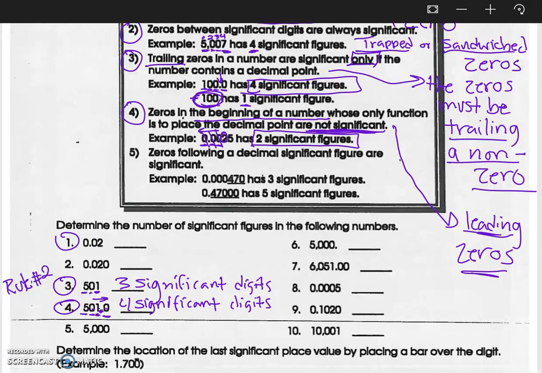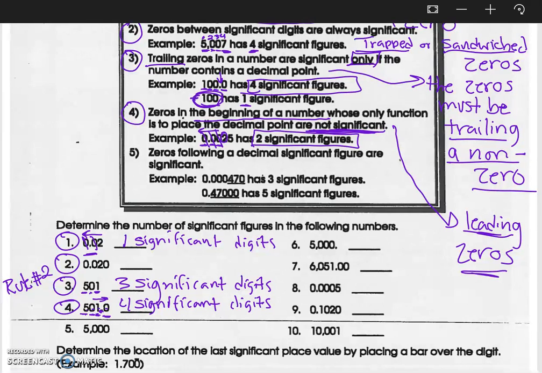So let's look at number 1. These 2 zeros are leading zeros, not significant, which leads that 2 to be 1 significant digit. How about number 2?